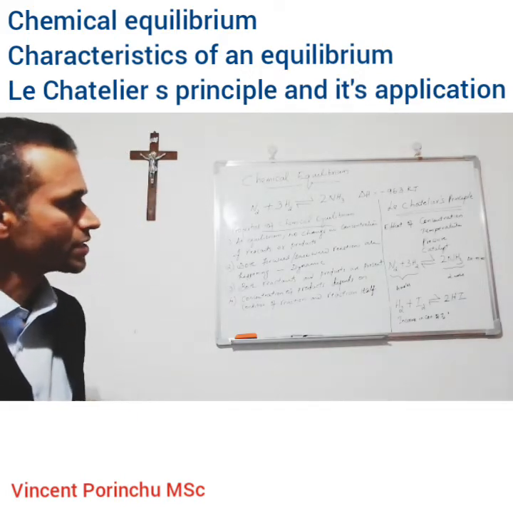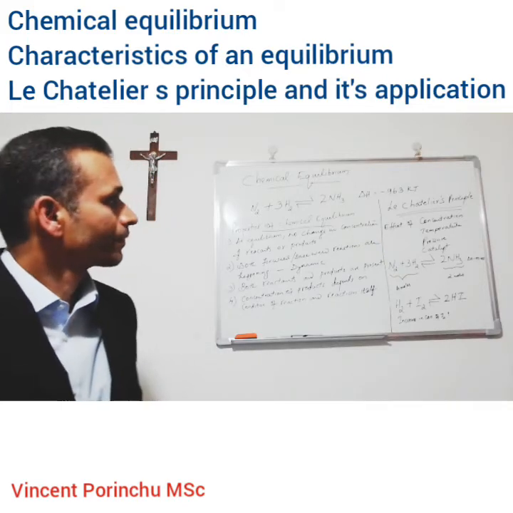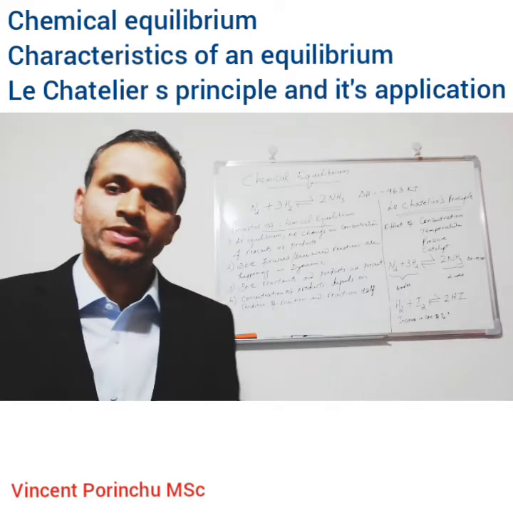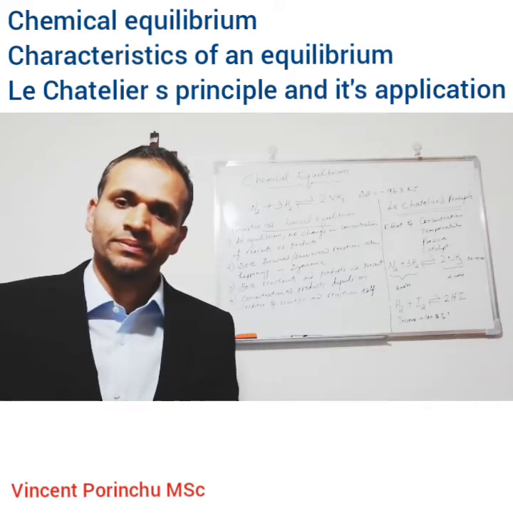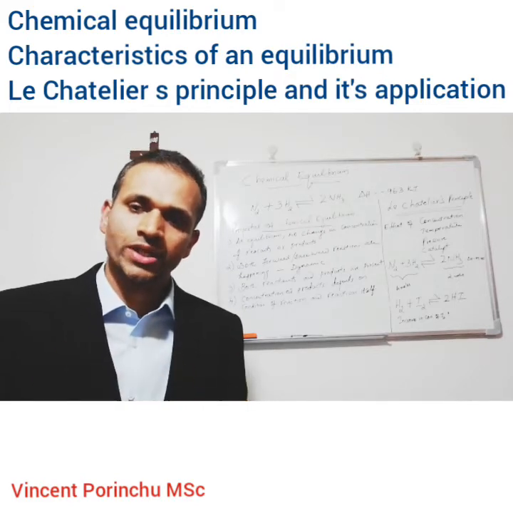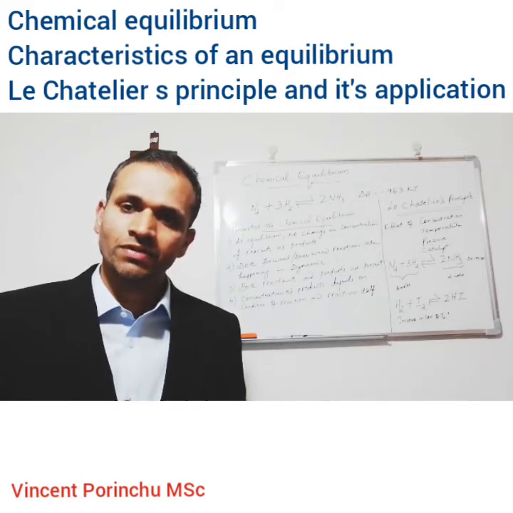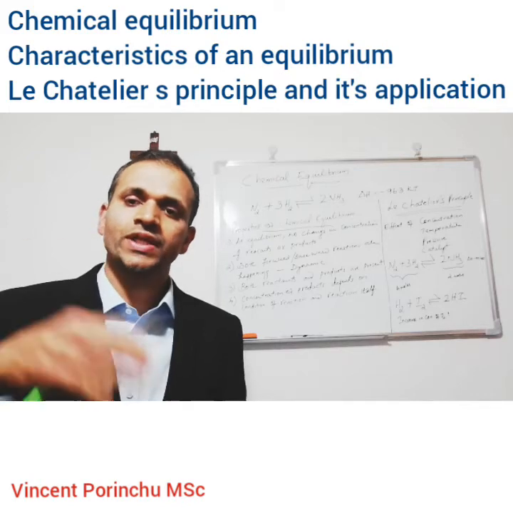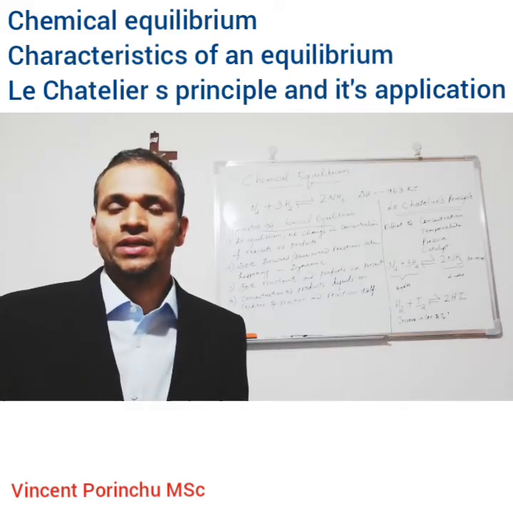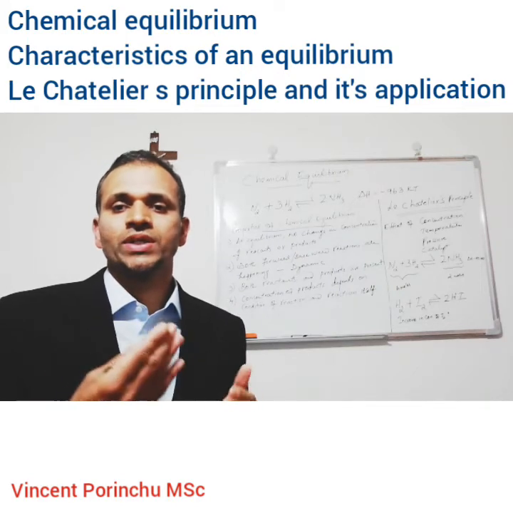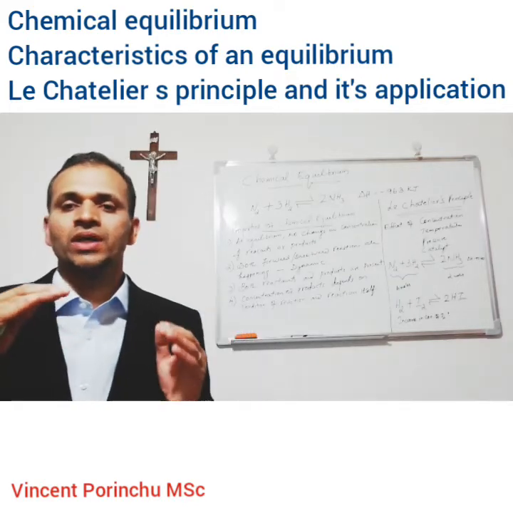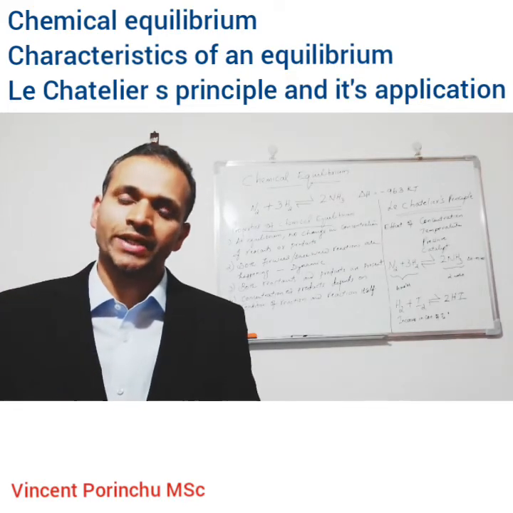So the third point is what happens to the pressure. As I said earlier, if you increase the pressure, the system will try to reduce that pressure by changing the equilibrium towards the low or minimal volume side.